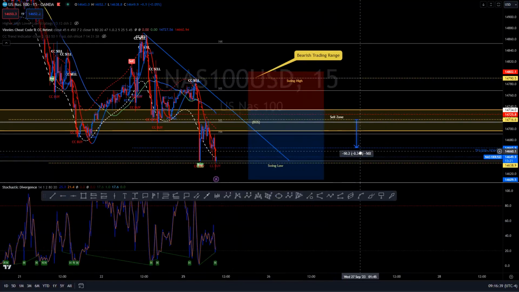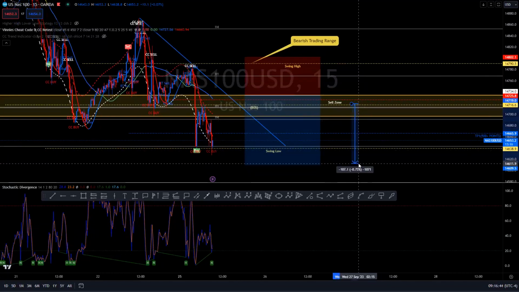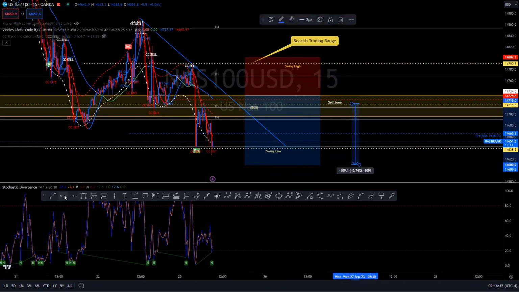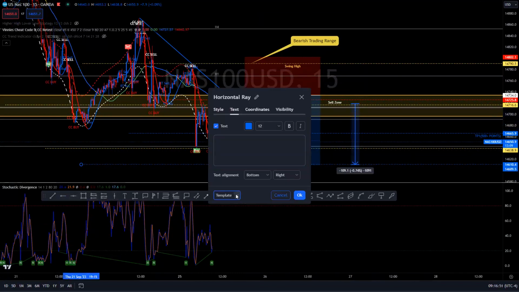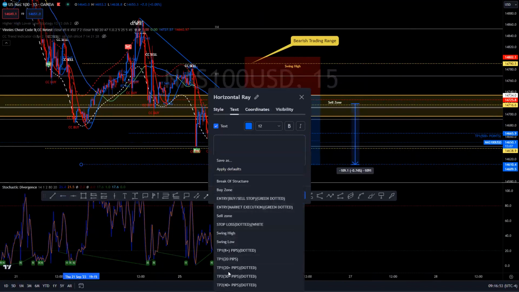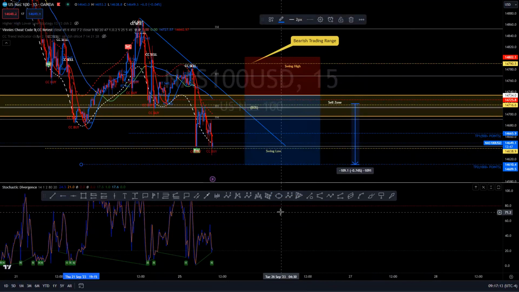And then TP2, I would want to get it all the way down to this point here. This is only like 1,000 points. So that's what I'm planning on doing.